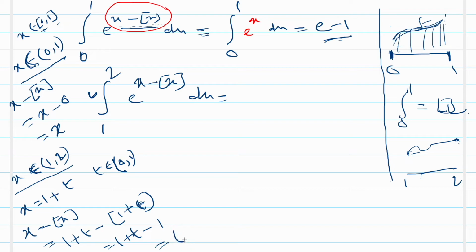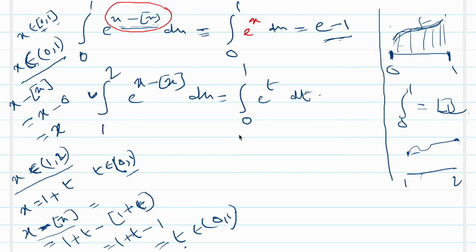So this becomes t, right? So x minus box x is exactly t when t is from the open interval 0 to 1. Okay. So here we can write this as the integral from 0 to 1 of e power t dt.